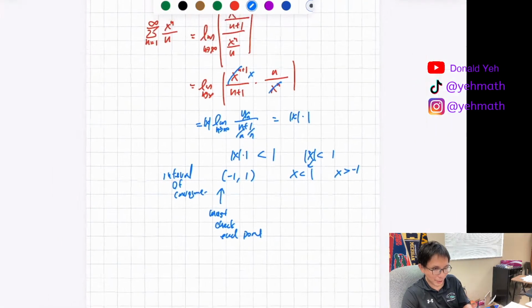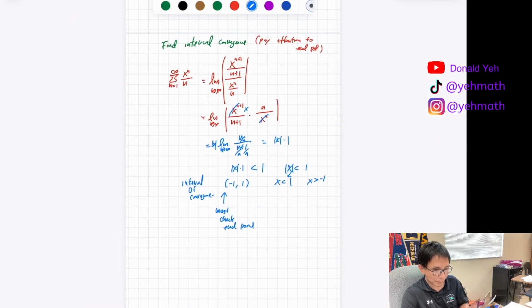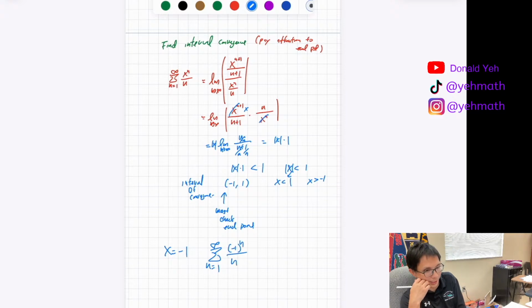What I mean is I'm going to go back and plug in -1 for x. What happens when x equals -1? The summation from n equals 1 to infinity of (-1) to the n over n. Does this converge or diverge?